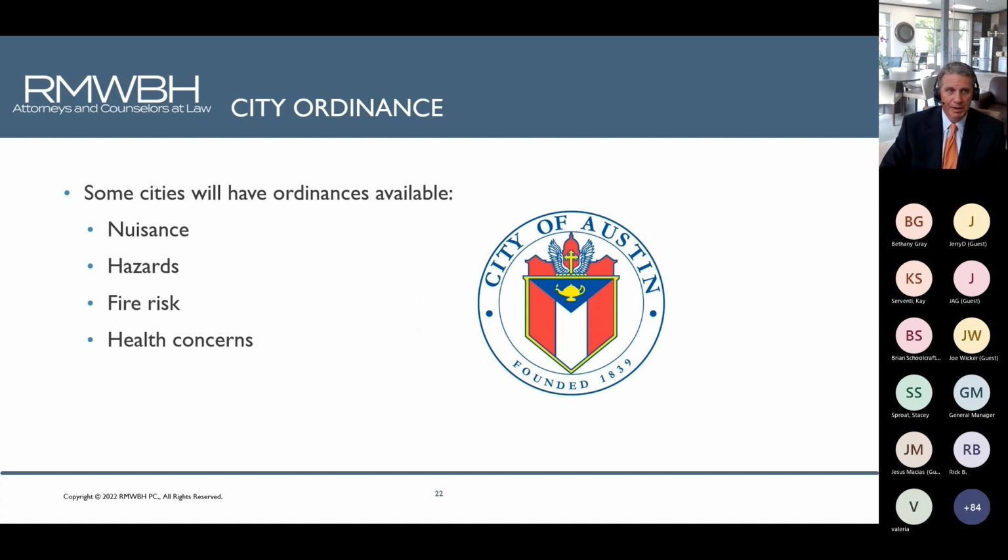This is really dealing with what level we're talking about in terms of hoarders, of folks that are creating health and safety issues for the overall community. There are things like nuisances. Well, someone's not mowing their grass, and as a result, there's an increase in varmint and mosquitoes, that sort of thing.